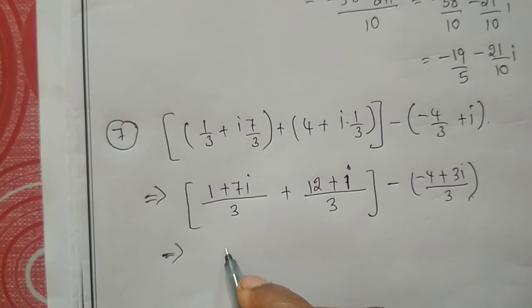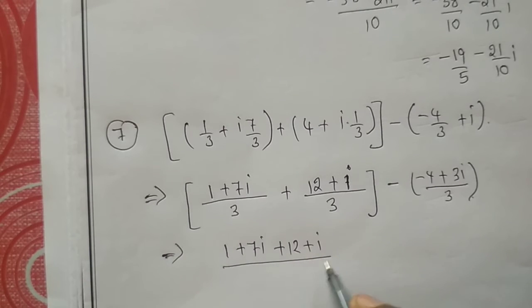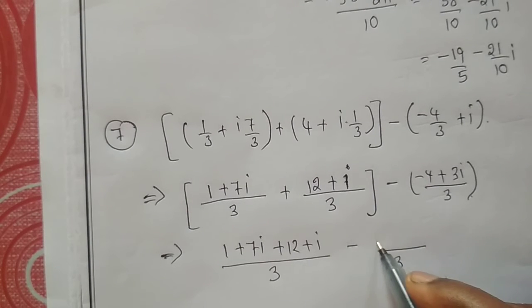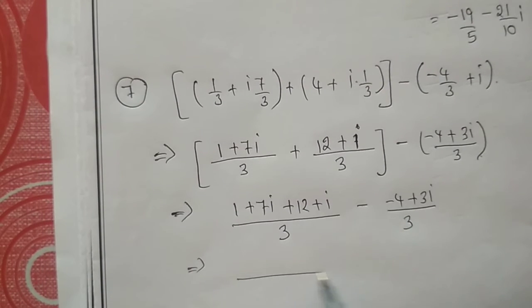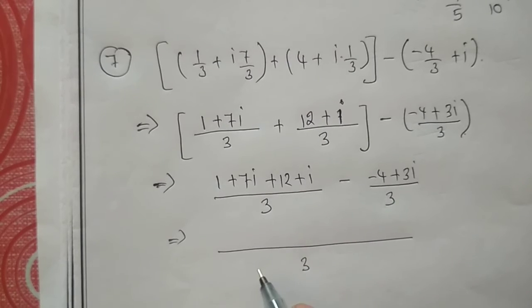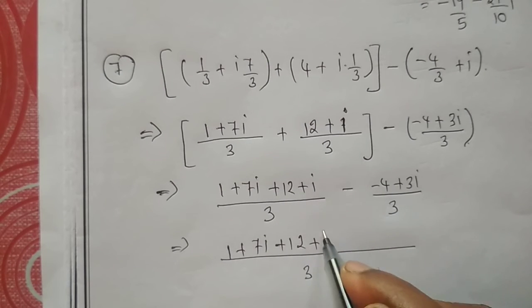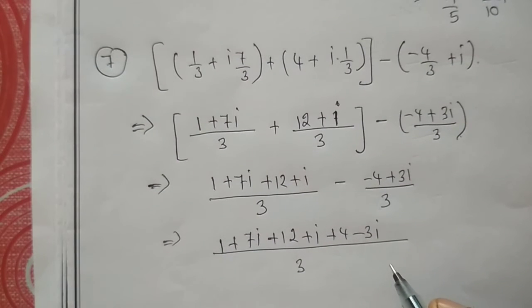That implies 1 plus 7i plus 12 plus i, the total LCM value is 3, minus, by LCM 3, my numerator is minus 4 plus 3i. Now the numerator is 1 plus 7i plus 12 plus i plus 4 minus 3i.